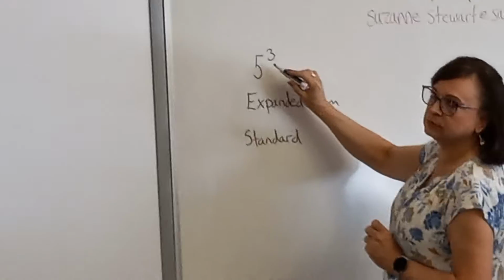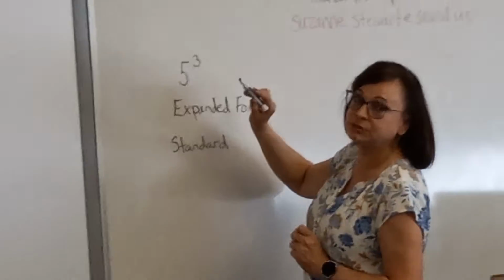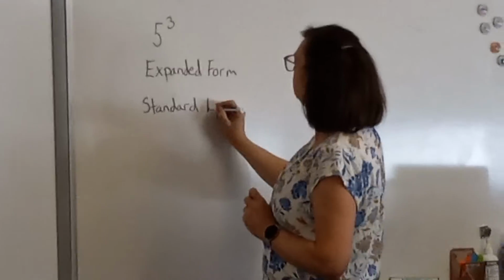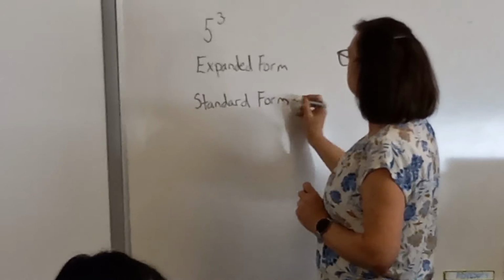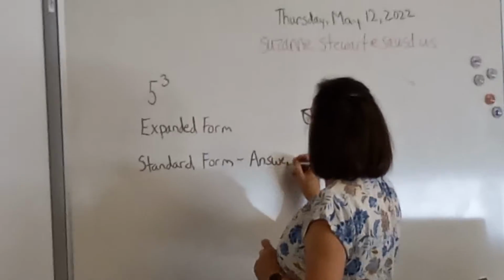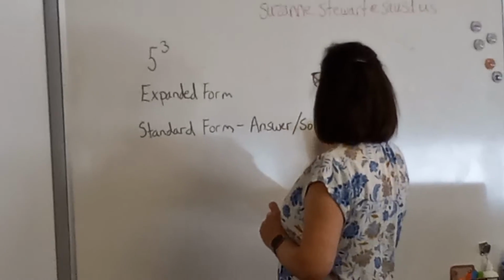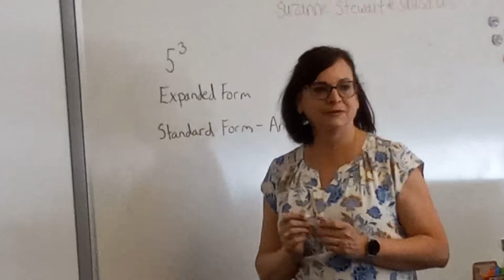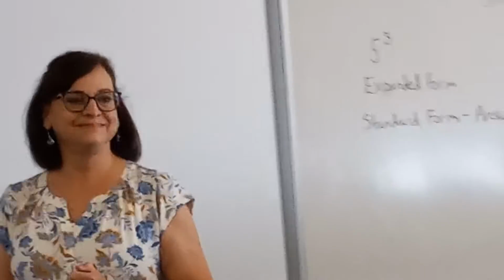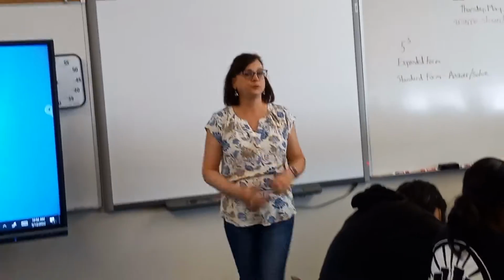You're going to write 5 cubed, or 5 to the third power. You're going to show me the expanded form, and you're going to write the standard form, which is to solve it, right? I want to see the answer. Okay, I'll give you a few minutes to do that. Or you can do it by yourself if you prefer that.